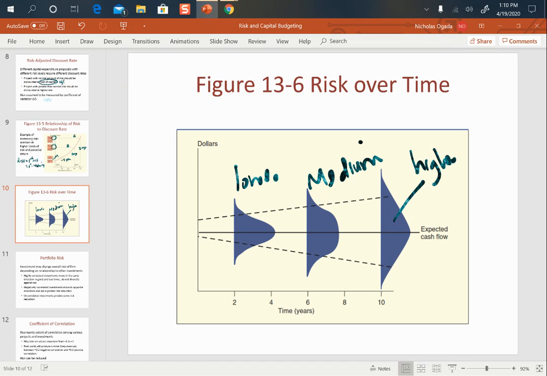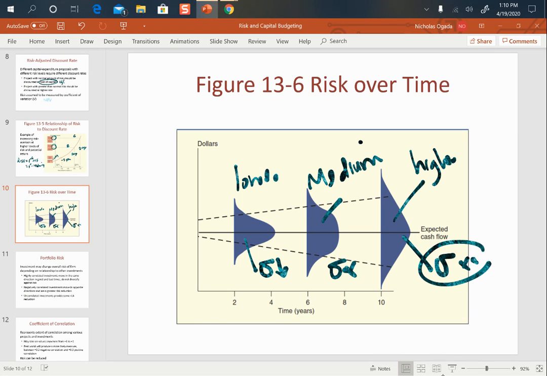And you could see here the probability distribution or normal distribution is basically showing that the standard deviation here is low, then of course here, then of course the 10 years. So in terms of standard deviation, you have a lower one here, then of course here, then of course this.